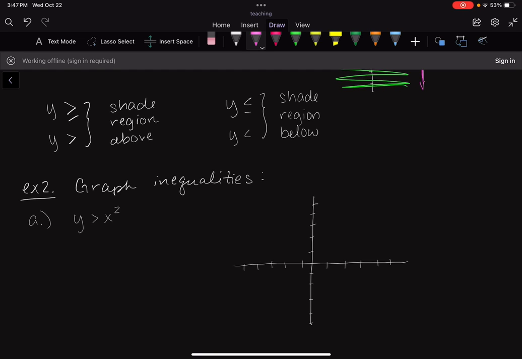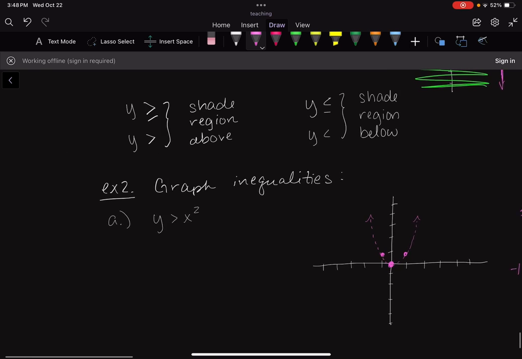I'm just going to graph it just like y equals x squared. If I plug in some points, I get 0, 0, 1, 1, negative 1, 1. So this is just a parabola, but it would have to be dotted or dashed because it doesn't have the equal to bar.